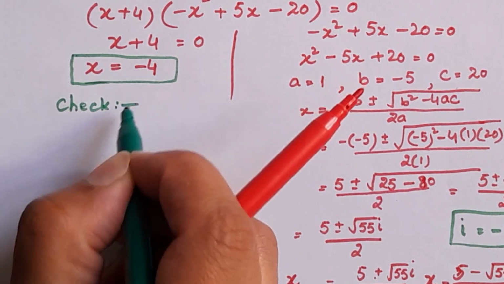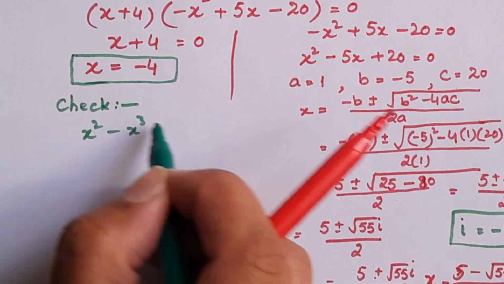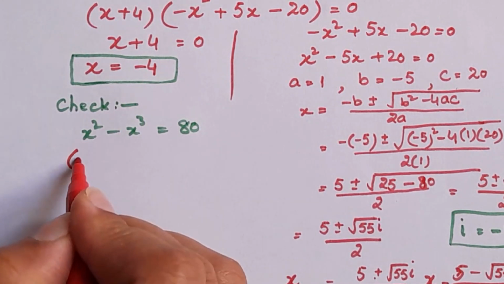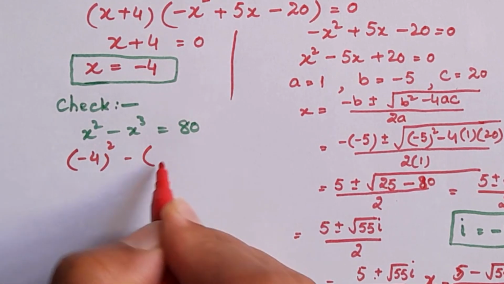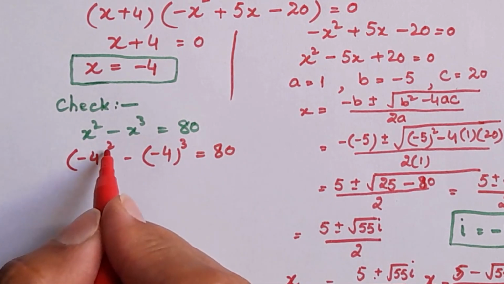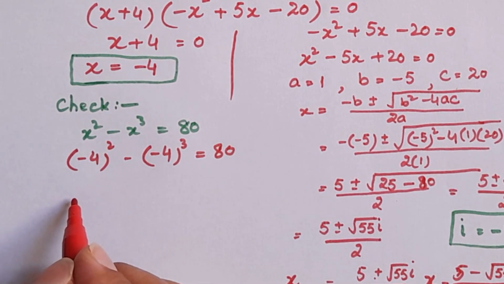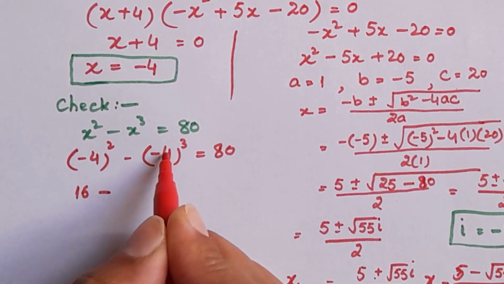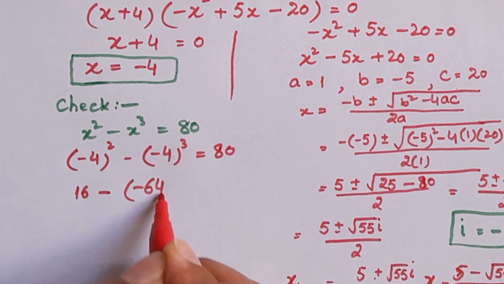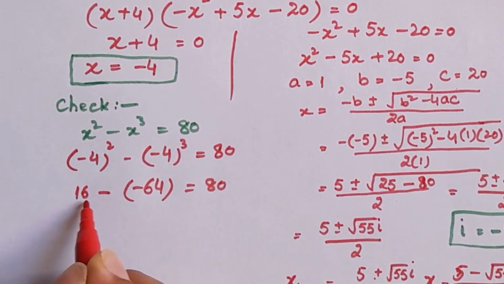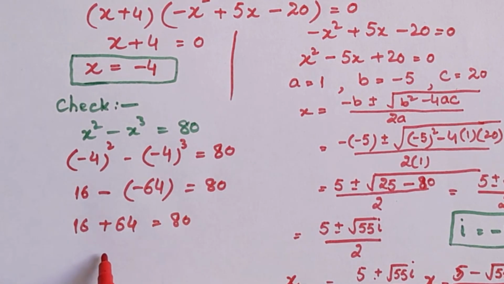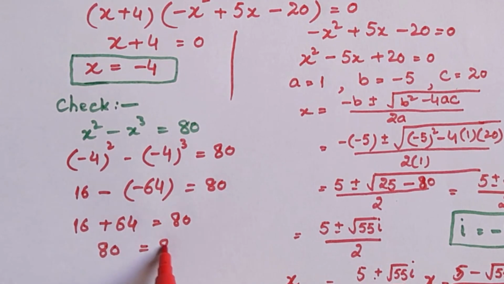Let's check by putting in the equation x square minus x cube is equal to 80. x is equal to -4, so -4 square minus -4 cube is equal to 80. -4 square means 4 square, 16, and negative times negative is positive, 4 cube is 64. 16 plus 64 is equal to 80. After adding, 80 is equal to 80.